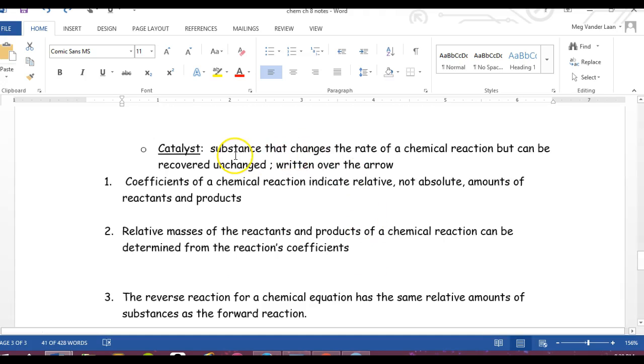Another item that might be indicated in a chemical reaction would be a catalyst. This would be a substance that changes the rate of a chemical reaction but can be recovered unchanged. So the catalyst would be written over the arrow. It's kind of a weird thing, but cigarette ash is a catalyst to burning sugar. It'll make sugar burn easier and at lower temperatures.